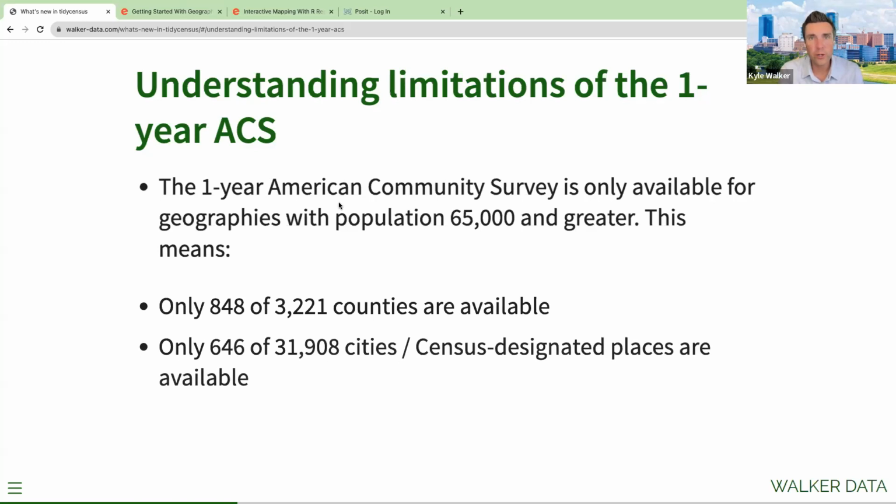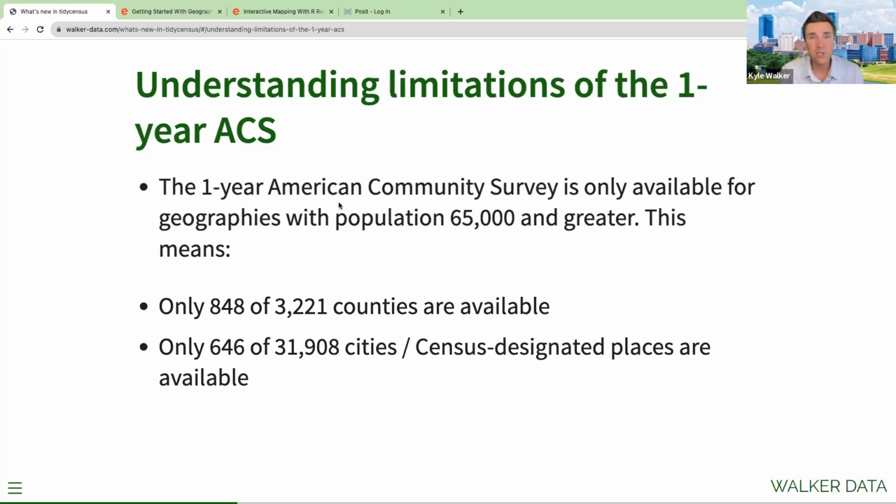Census designated places or incorporated cities and towns, it's much more extreme. We only have 646 such places that have a population of 65,000 and greater in the United States. There are 31,908 total cities or census designated places.